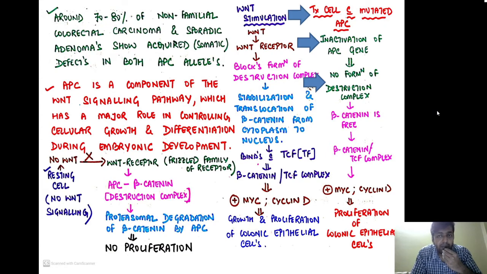Remember, before this, we saw that in the normal WNT stimulation pathway, only after stimulation by the WNT was there a blockage of the formation of the destruction complex. But in case of tumor where they are having a mutated APC, in the absence of any growth signaling, in the absence of any WNT, there is no formation of destruction complex.